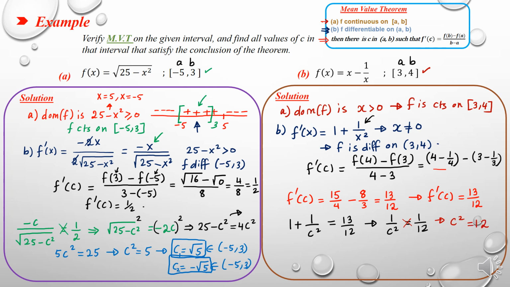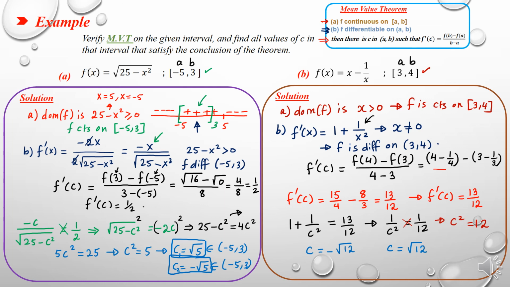So you have to take the square root of both sides, and you will get C equals negative square root of 12 and C equals square root of 12, and square root of 12 approximately equals 3.4.